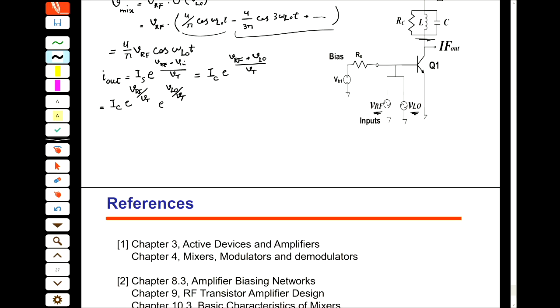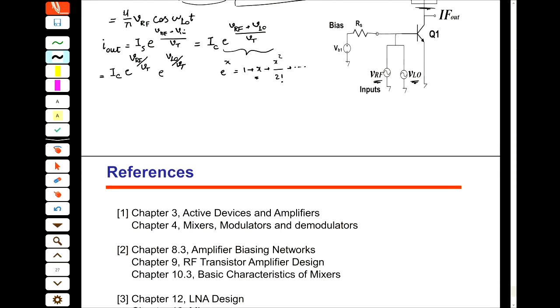And then if we just replace e to the power x with 1 plus x plus x squared over 2 factorial and so on, and then I assume that the rest is going to be filtered out by this filter. The only component that we get is this one.